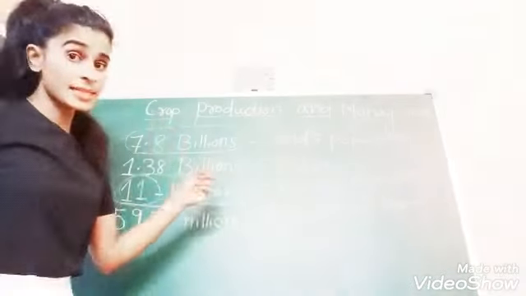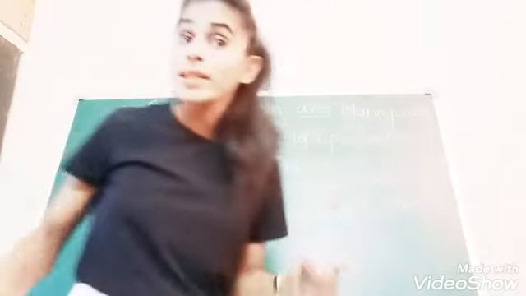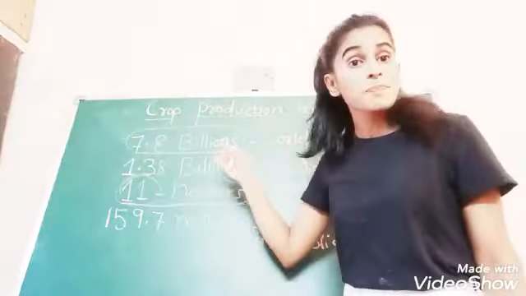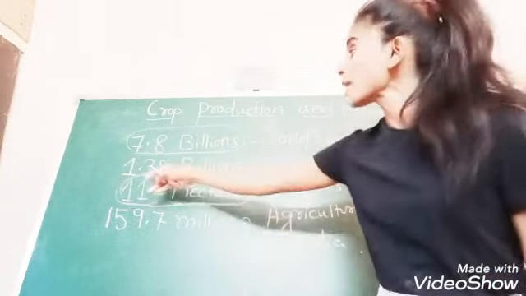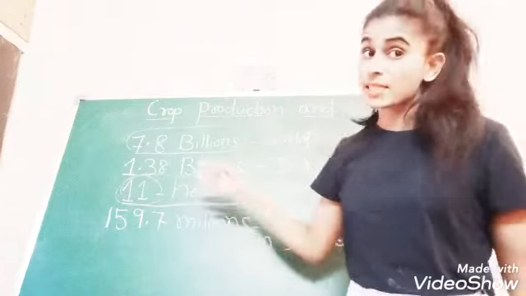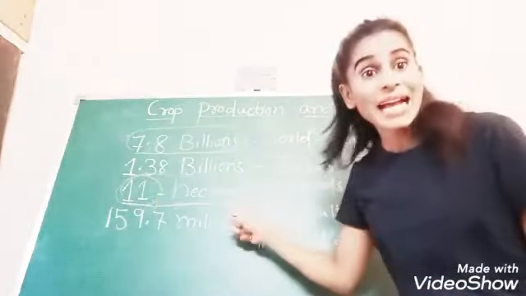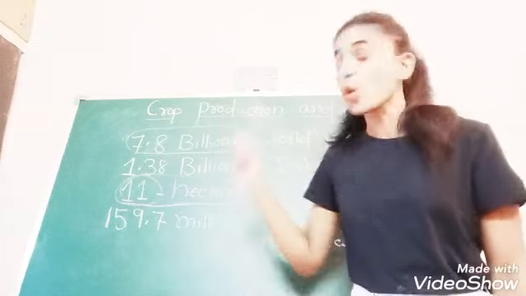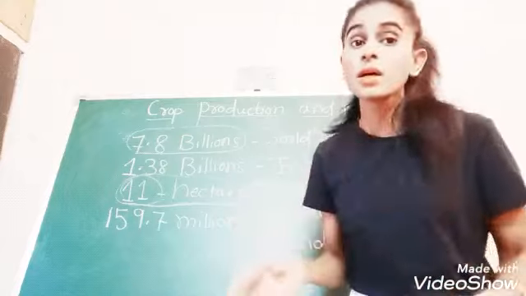Now you got to understand what these numerals represent. The first one, 7.8 billions plus counting, is your world population. The second one, 1.38 billions plus counting, is our India's population. 11 hectares of land is the total agricultural land cultivated all through the world.